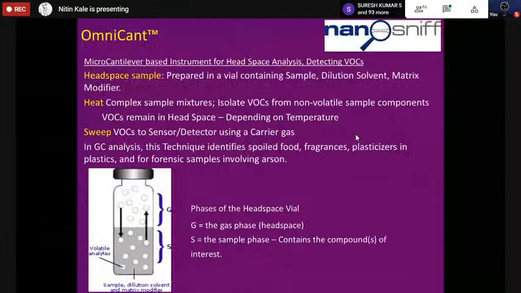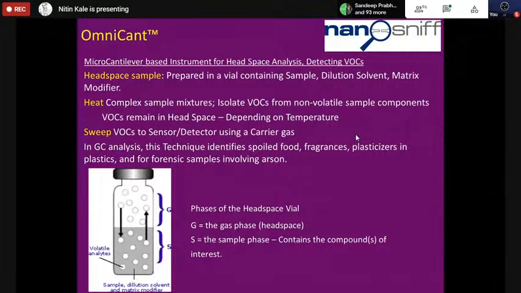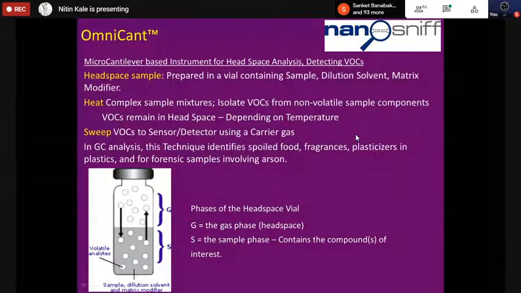So the example is something like this. In gas chromatography kind of analysis, they do what is called analysis of the head space. When I say head space, it's nothing but a bottle in which I have filled analyte up to this level.